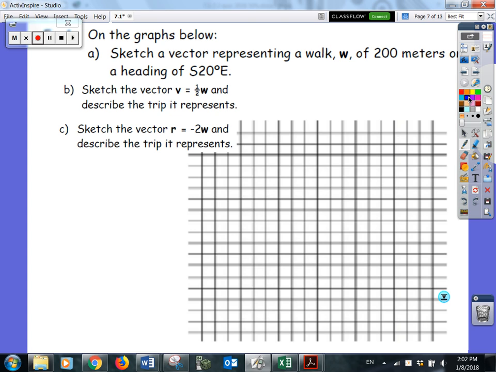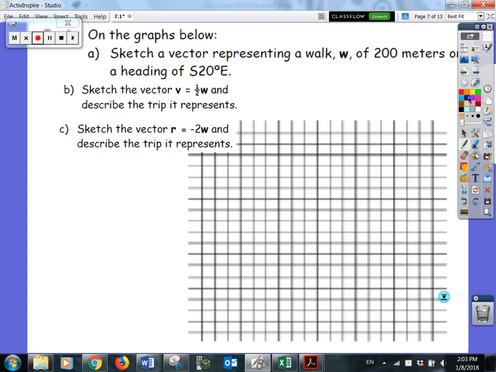So, south 20 degrees east, that kind of goes back to the last unit, or the last semester, when we were talking about bearings versus headings. So you have to know a little bit of that in this unit, but not a ton. You are going to have to know a little bit of the unit circle stuff, but it's very simple stuff that will probably come back to you when we start getting into application problems.